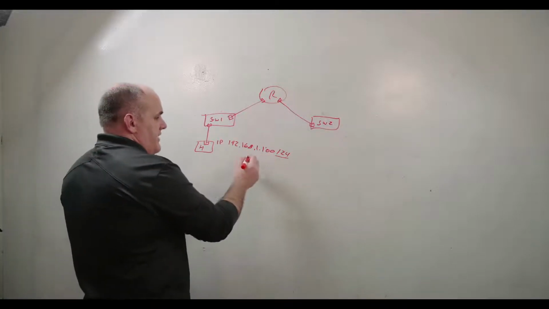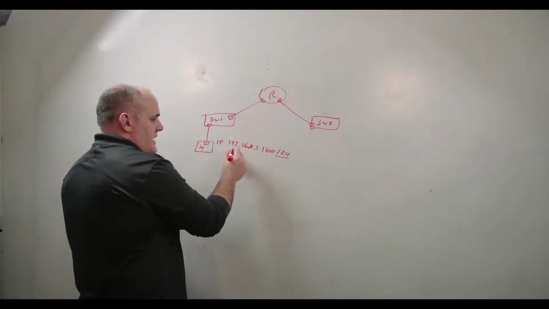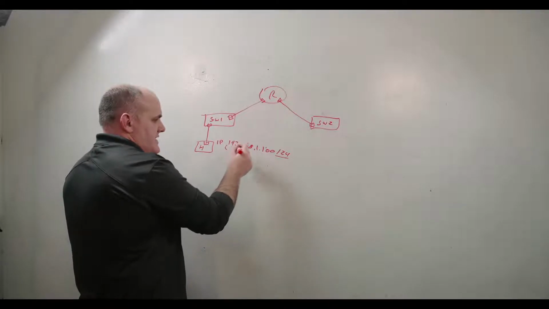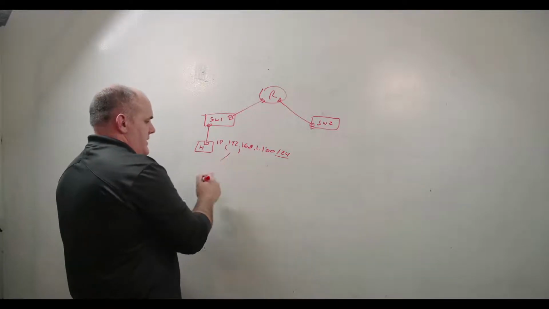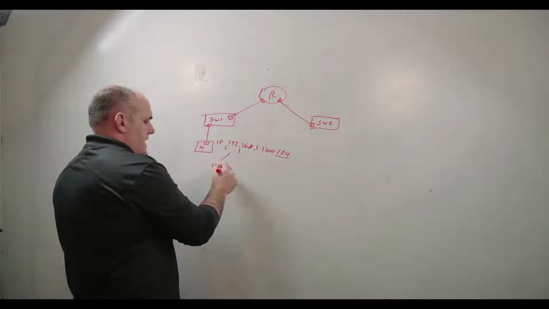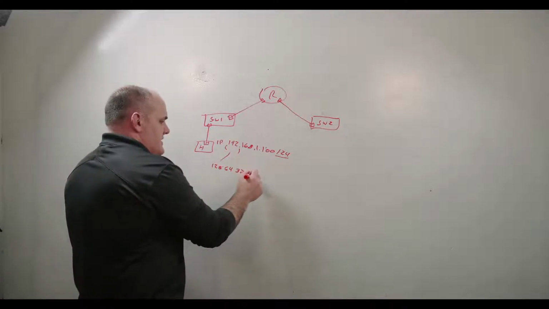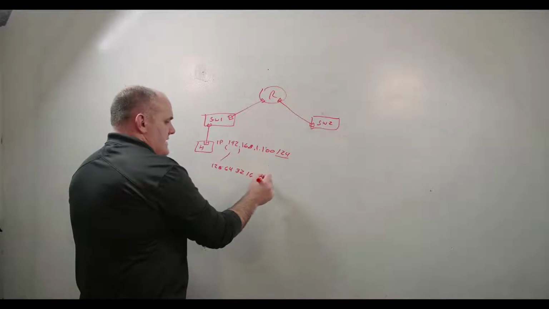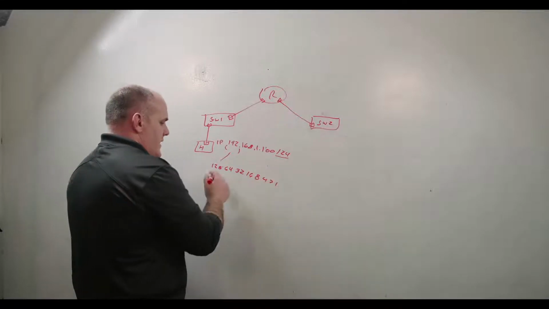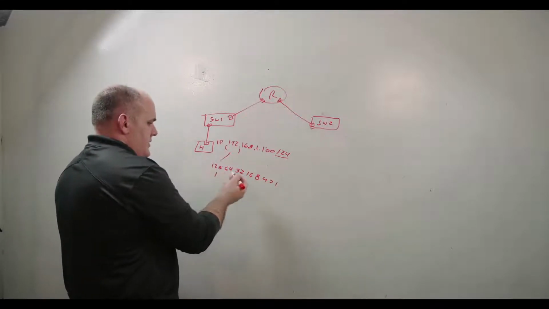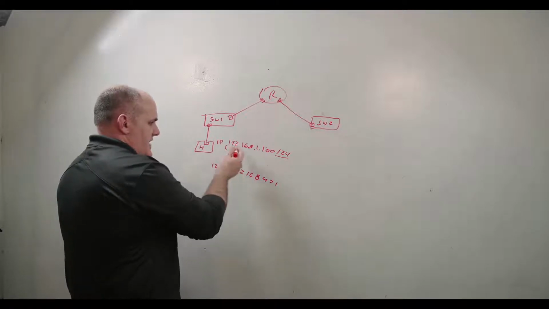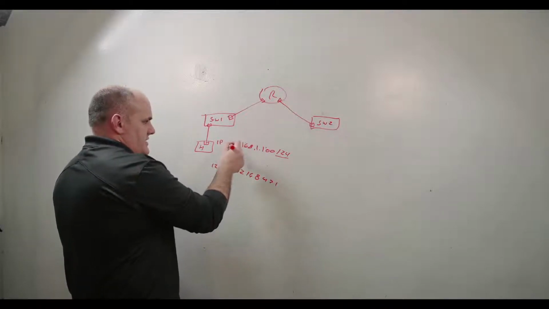With /24, since each one of these octets is 8 bits, basically you have 128, 64, 32, 16, 8, 4, 2, 1, and when these are activated, they add up and they equal the address. That's how that address is created.